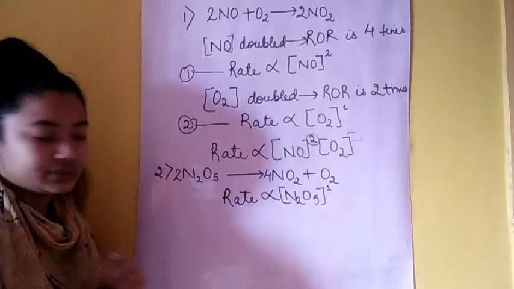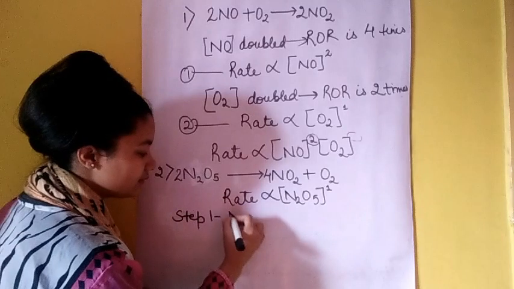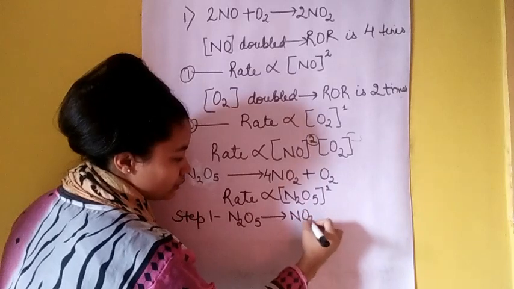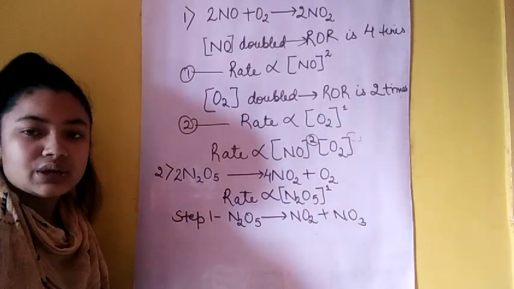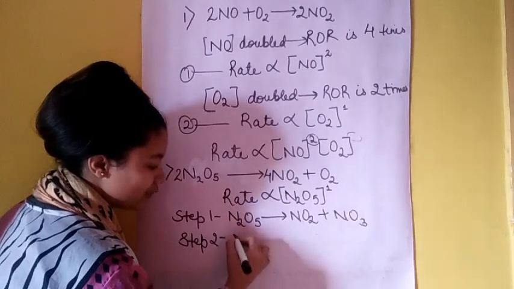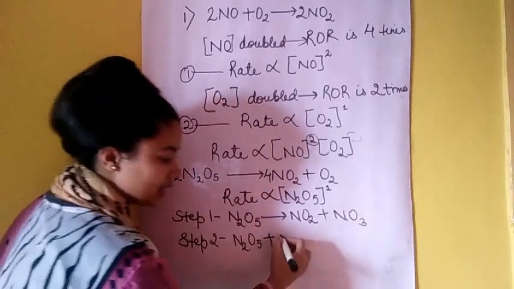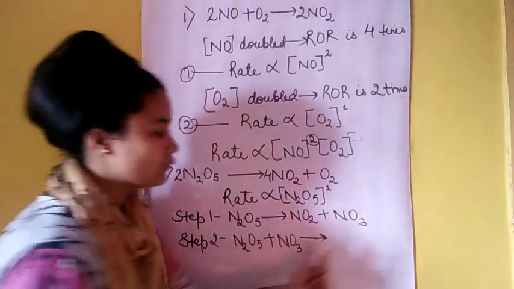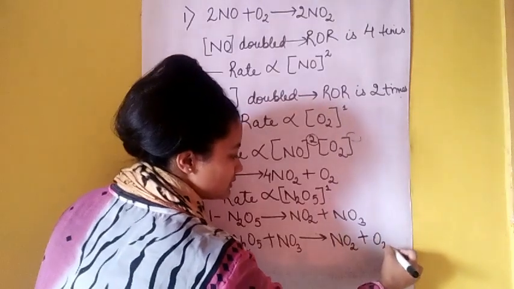Now suppose for this reaction, in the first step, this N2O5 decomposes into NO2 and NO3, right? This is the first reaction. Now in the second step, this N2O5 is again reacting with NO3, producing NO2 and oxygen, right?